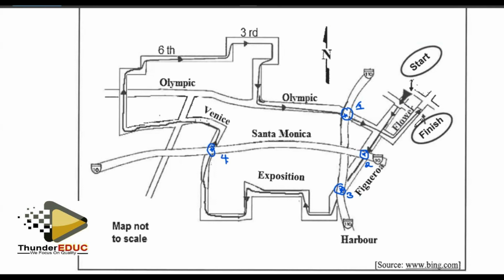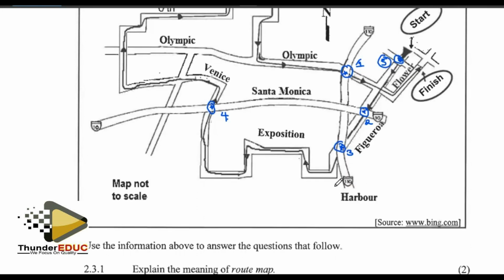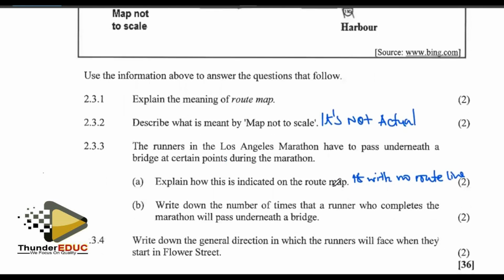Any other part where the marathoners pass? Probably 5 is something here, because this is the start, this is an arrow, there's nothing there. So we go on and you see 5. There's no other place. All right, this is 5.